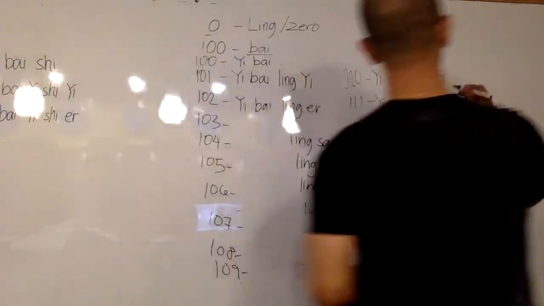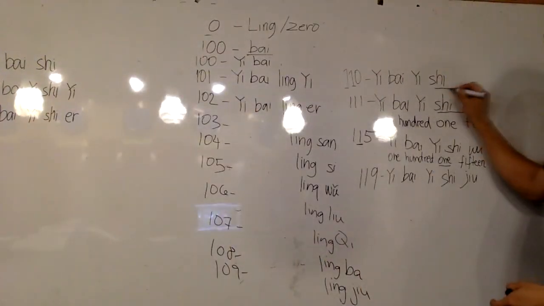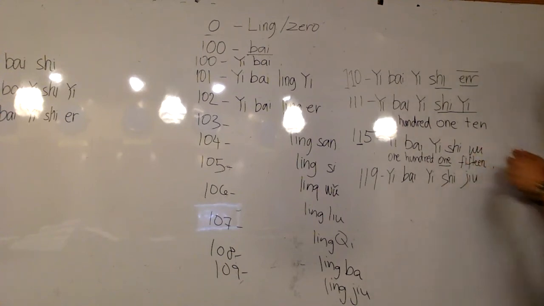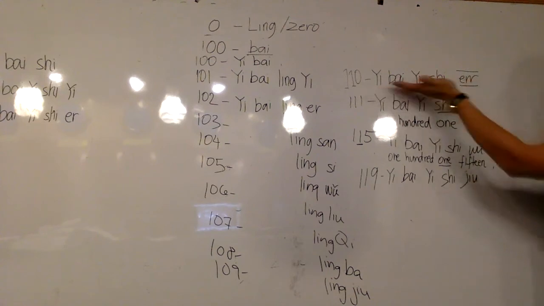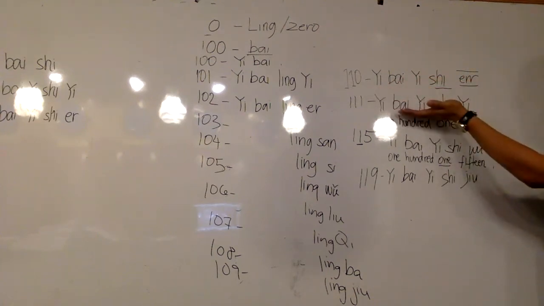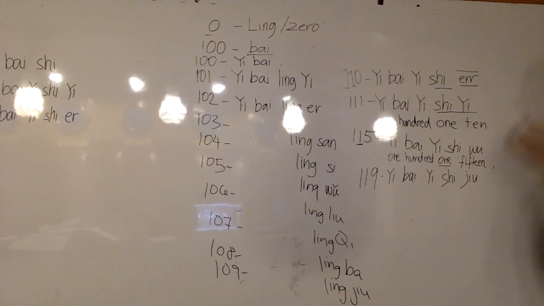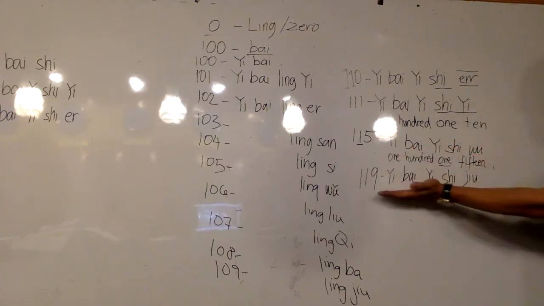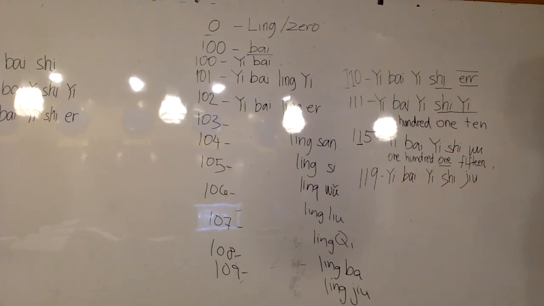Remember that we pronounce the ending yi with the er sound. 115, 119. Okay, very good.